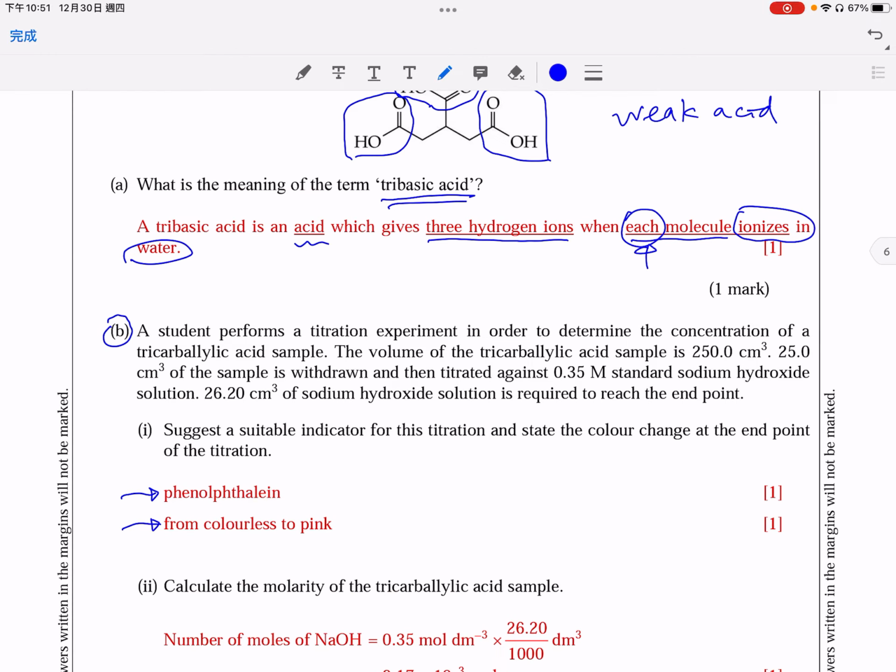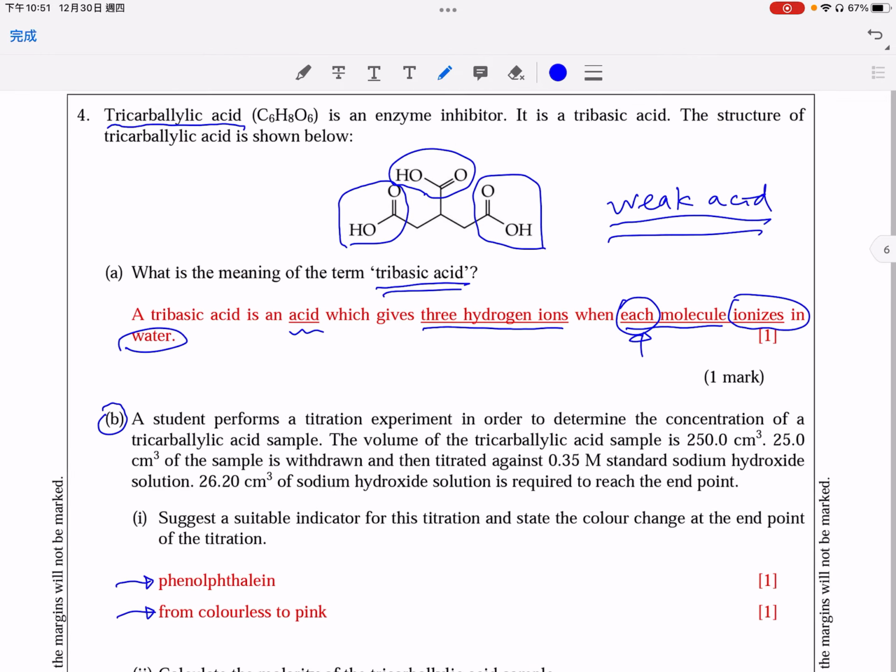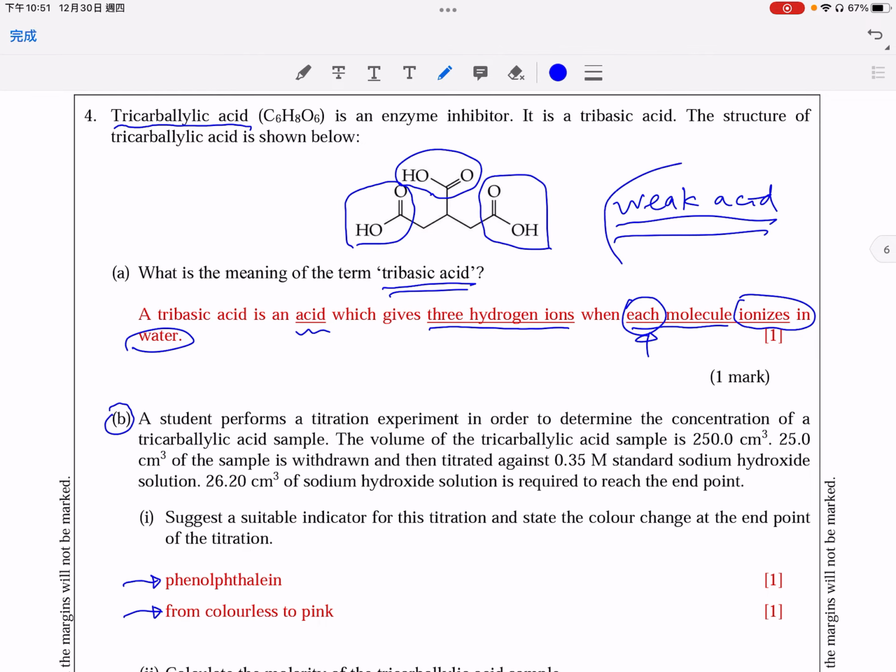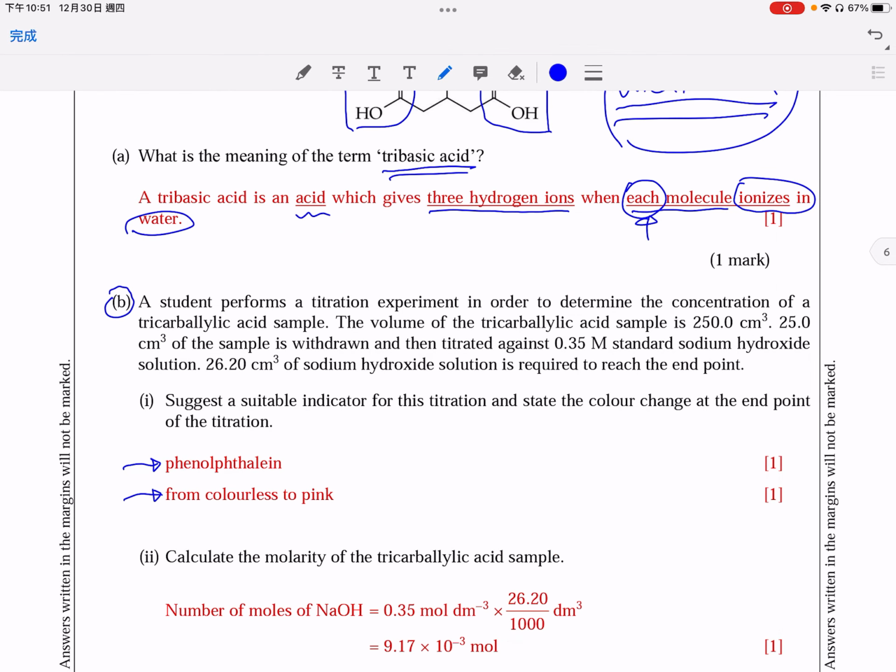As I mentioned, the acid involved here is a weak acid. So, weak acid. In the titration, the titration also involves sodium hydroxide, which is a strong alkali.